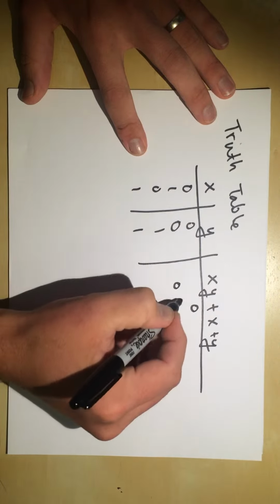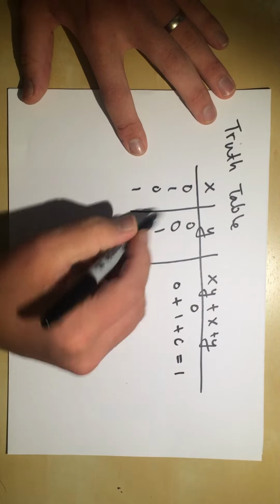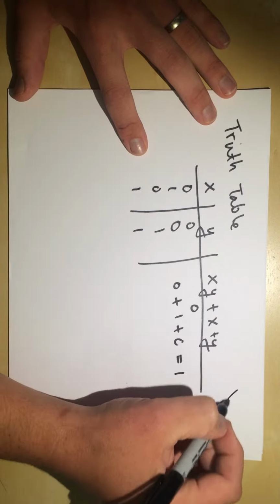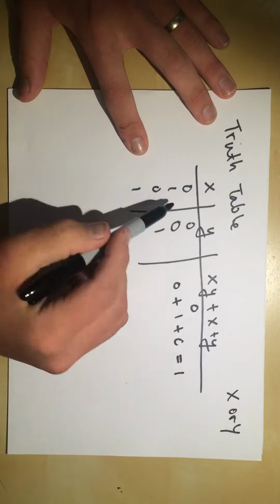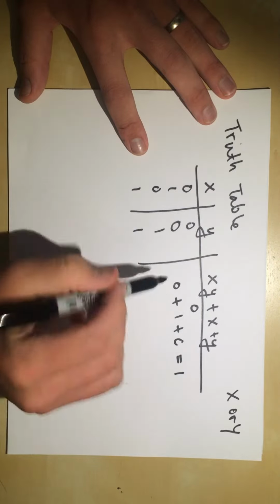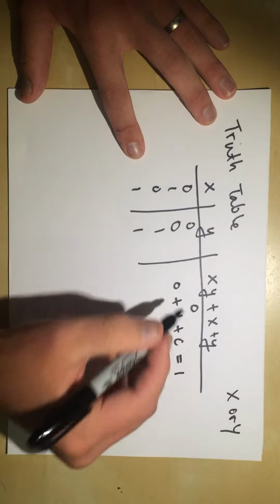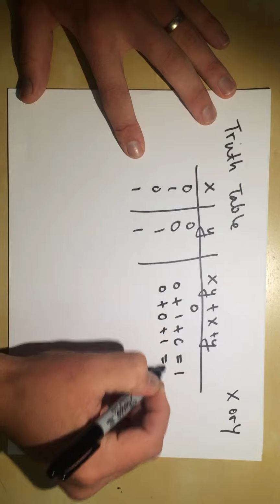Then this is 0 plus 1 plus 0, which is 1. This is good already. We can already see that this is supposed to be x or y, and this is supposed to be true when either x is true or y is true, and so it's already worked once. This is symmetric, so we'll see that this is 0 plus 0 plus 1, 1.